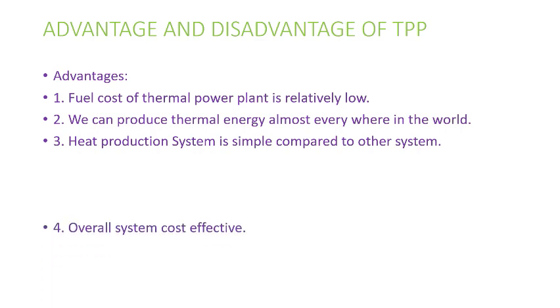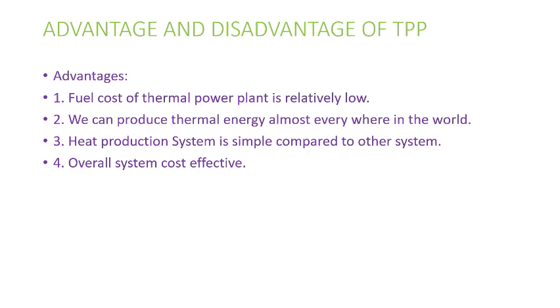Number 4 is that the overall system is cost effective, meaning if we check the overall system, it is really cost effective. Number 5, easy mechanism. I told you it's really easy compared to other things. Number 6, the same heat could be reused, meaning we can use the same heat further.